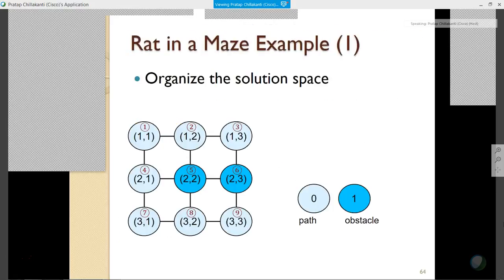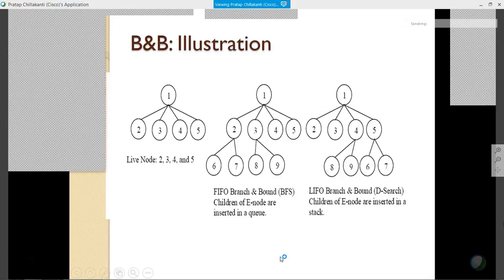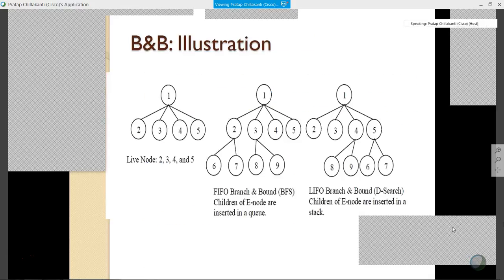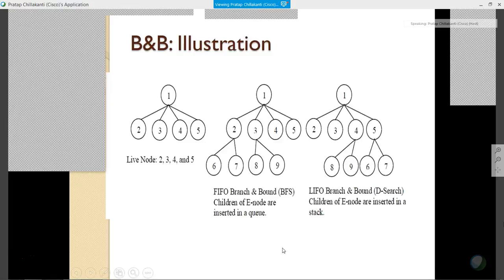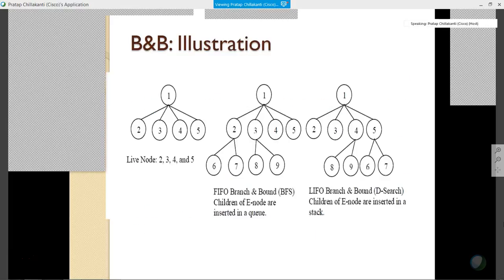Give me a second here. One second. My system froze. Give me a second. Okay, so here's an example. I'm pausing for a second.